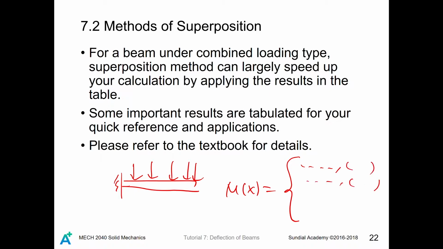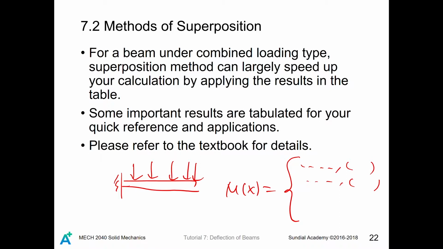When talking about the method of superposition, you can find the deflection curve, the deflection, or whatever quantities in a very convenient way. I could say it is much more convenient, though in terms of computation it is not that convenient.